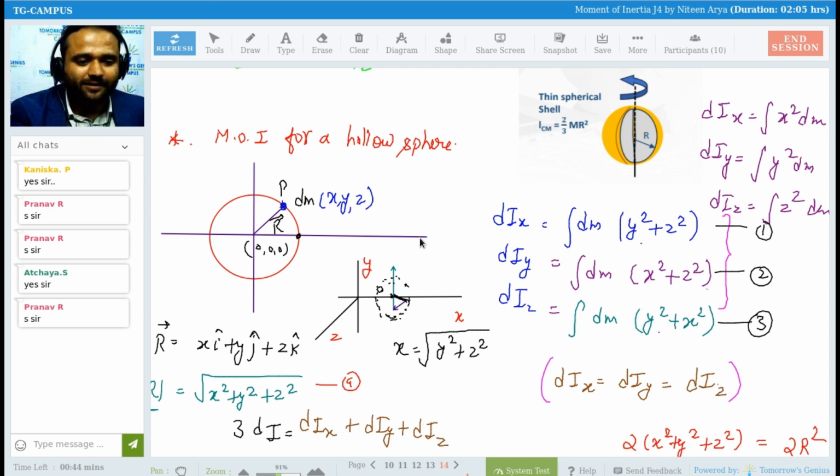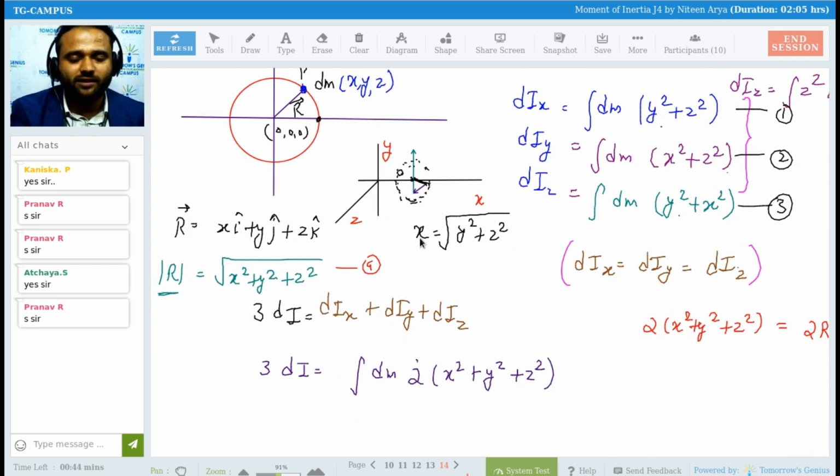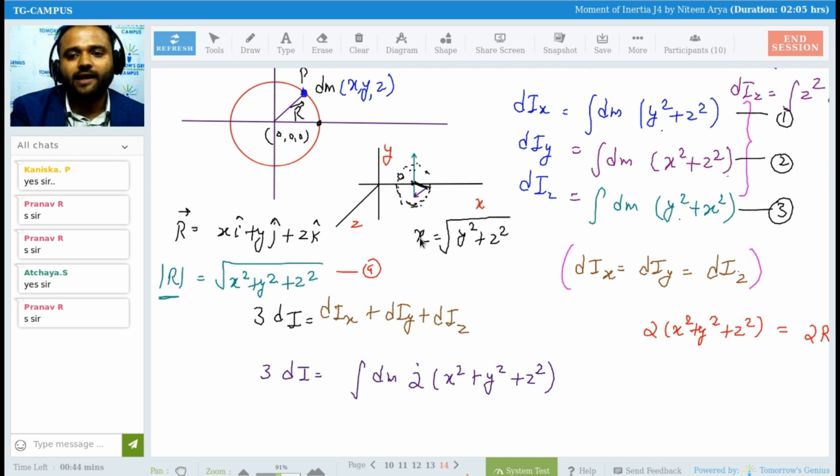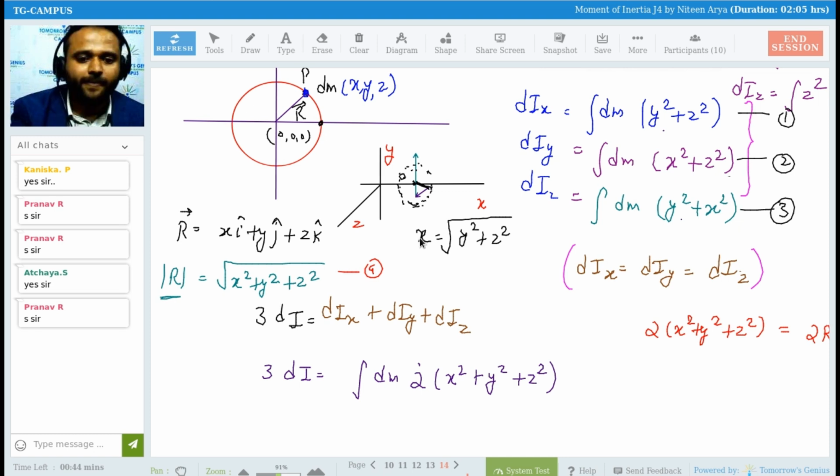Then the total small moment of inertia is going to be 3 dI, that is dIx plus dIy plus dIz. When I add all three equations 1, 2, 3 for dIx, dIy, dIz, I get this. And I know this 2 times x square plus y square plus z square is 2r square.